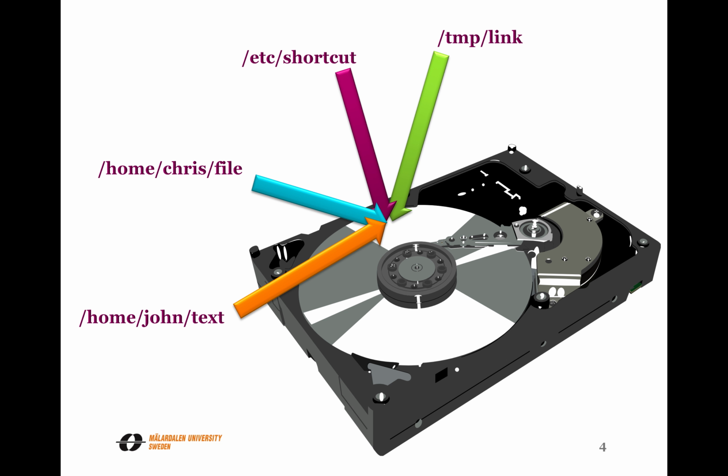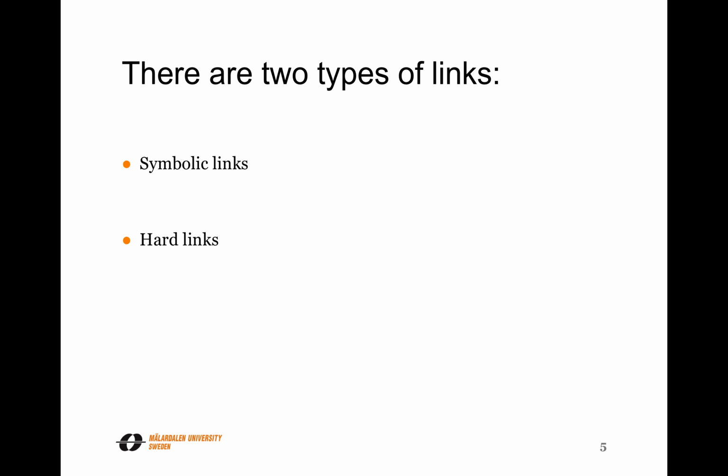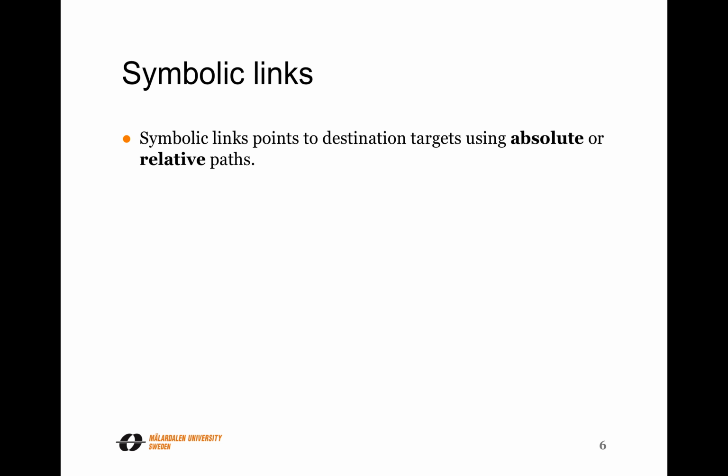But there are actually different types of links in Linux. We first have the symbolic links. We will then talk about hard links. One could say that the symbolic links are the easier types of links in the system. And they actually point to a destination target using absolute or relative paths.